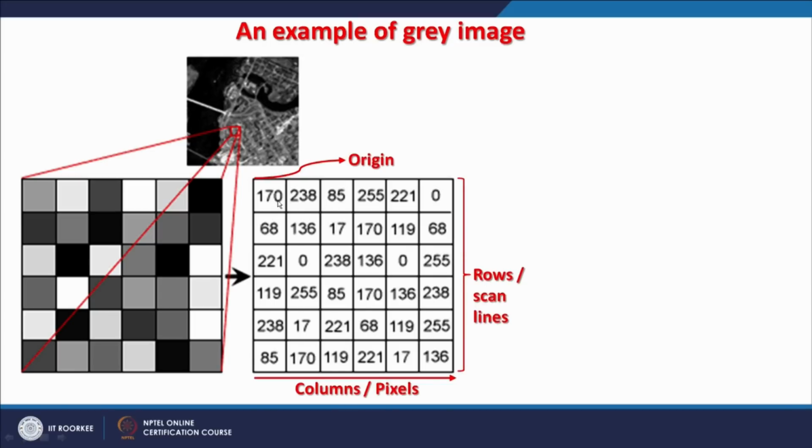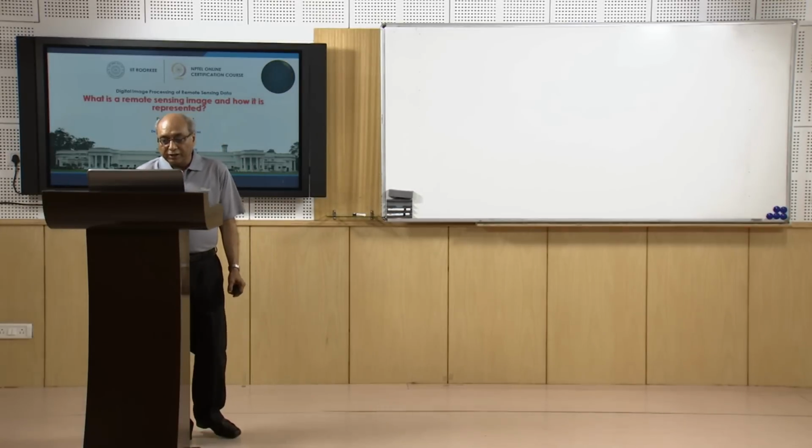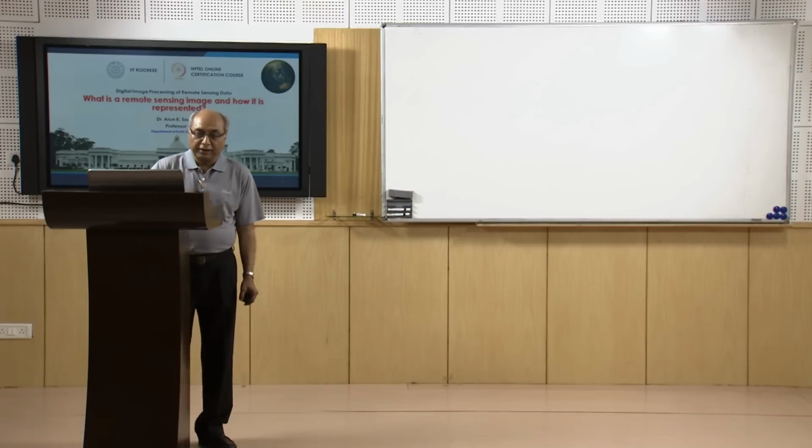For this we say rows or scan lines, because with satellite sensors we scan individual lines, so we call them scan lines, or these are the columns which you can see here, and we also say pixels. So either we call them columns or pixels, rows or scan lines. Scan lines means we are talking about the horizontal lines, rows, and columns or pixels are the vertical lines, and this is definitely a two-dimensional matrix.